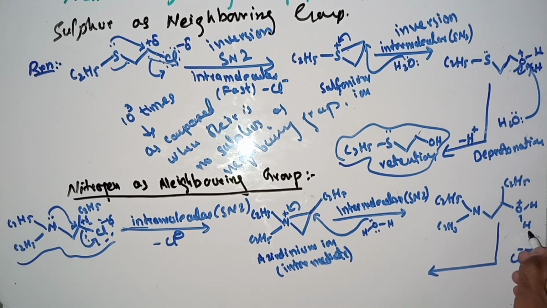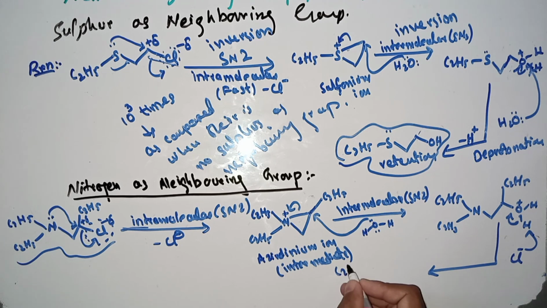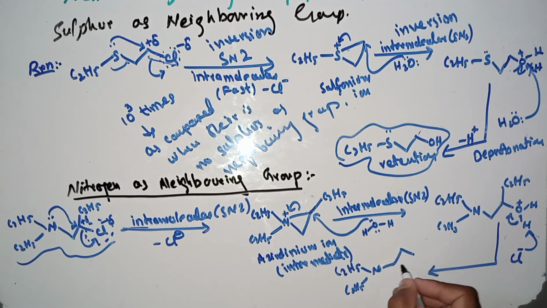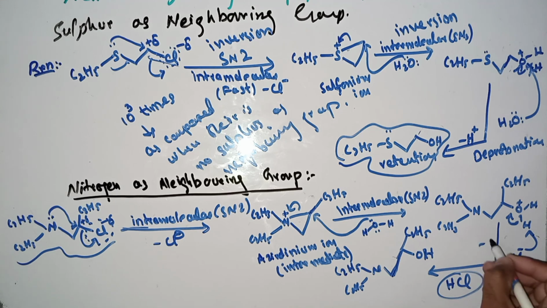This can attack this carbon, generating a stable compound, C2H5 OH. This will be the final product. It also generates HCl, meaning the hydrogen will be removed as a proton, and the HCl product will be formed.